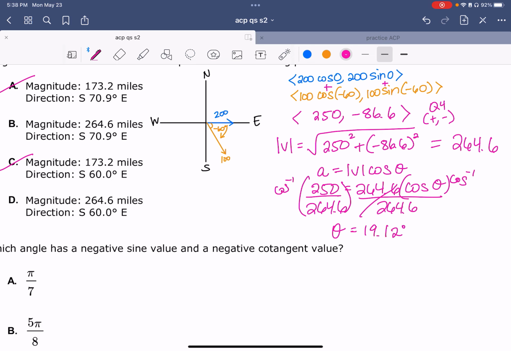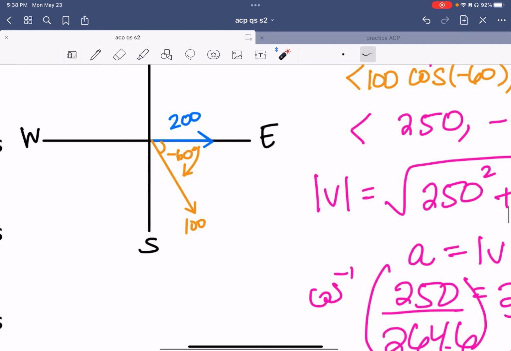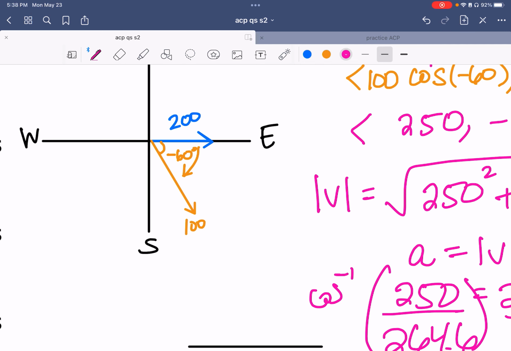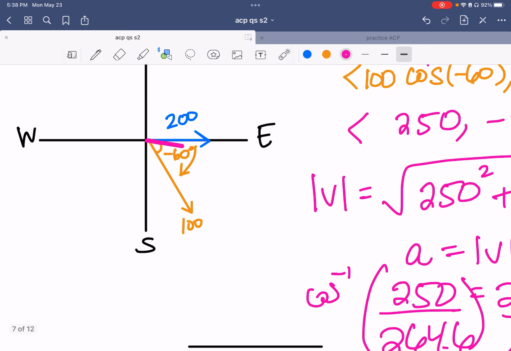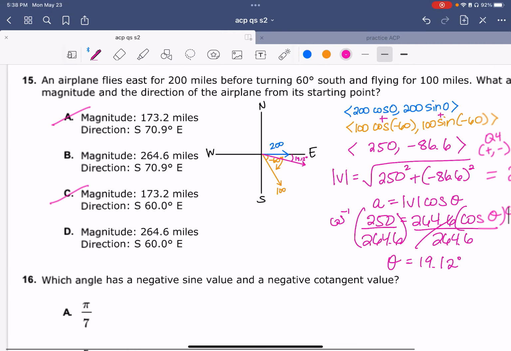Now, that angle is not in quadrant 4. We had already agreed that it was in quadrant 4. So basically this 19 degrees is just saying that the vector is going down 19 degrees into quadrant 4. So it's about right here. And this little angle is about 19.12 degrees.